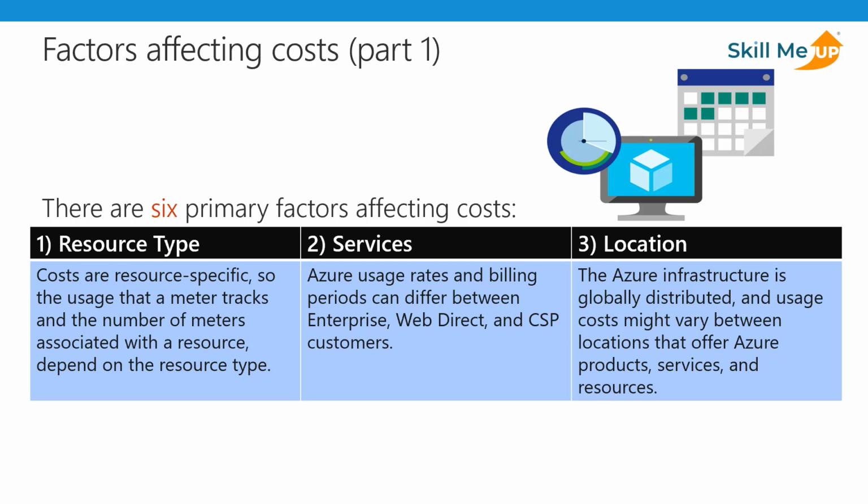Then there's also the location that you're deploying to. Different regions have different costs. There's going to be costs associated with power and cooling, as well as geographical and real estate type of costs that are going to be associated with it. So you need to make sure that you're looking at the different costs when you're deciding to deploy to a particular region.